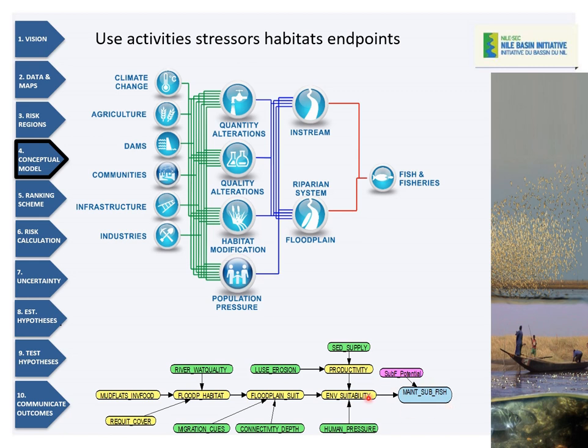And if you unpack the environmental suitability, it would be a function of the productivity of the environment, human pressure, and floodplain suitability. And if you unpack that again, productivity was deemed to be based on sediment supply and land use activities, land use erosion. Floodplain suitability was considered to be a function of connectivity depth for migrations to occur, migration cues to allow species to occur, and floodplain habitat, which was very important.